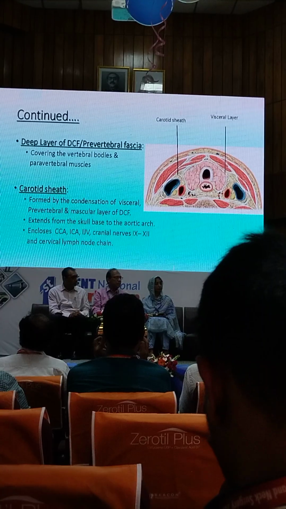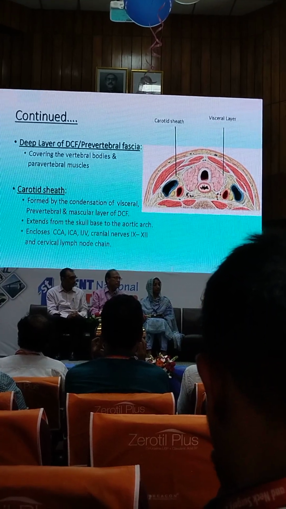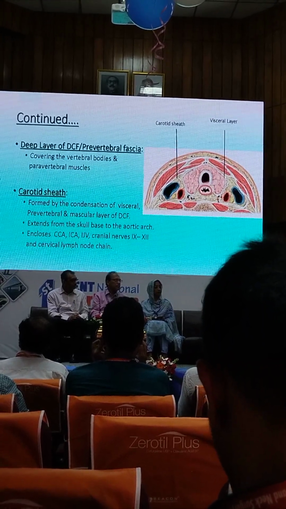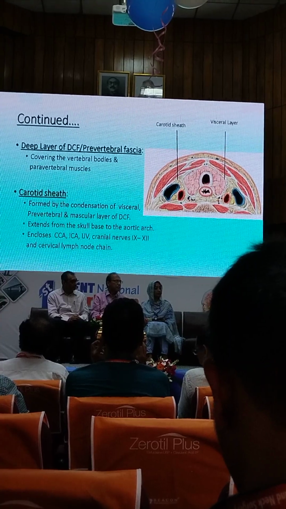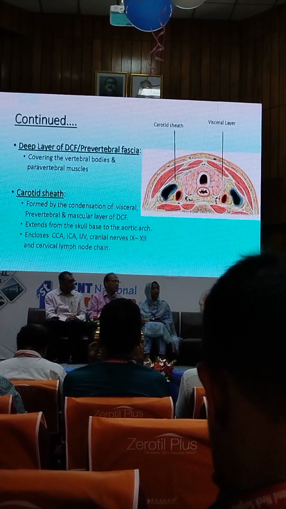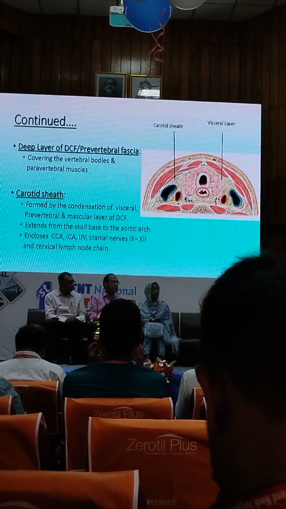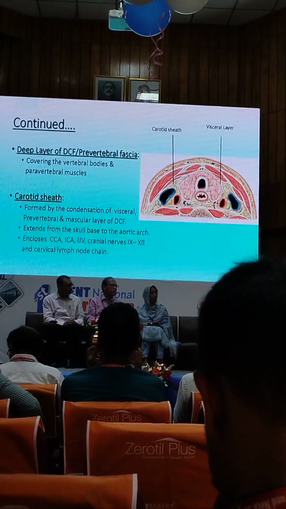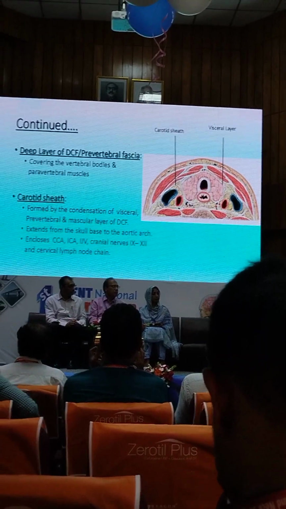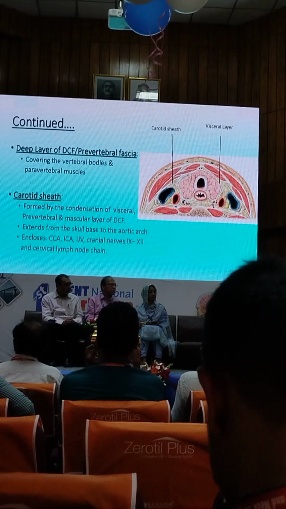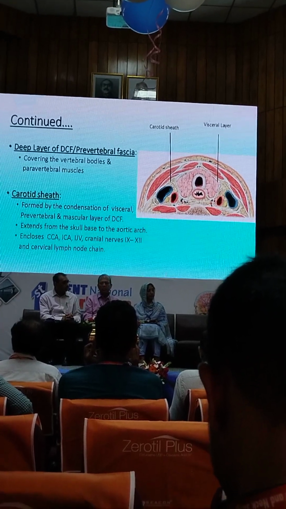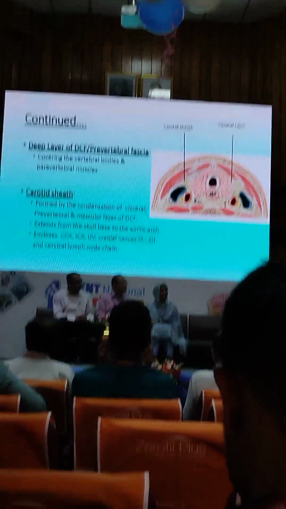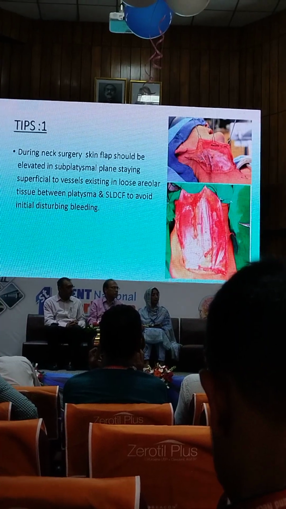The deep layer, the prevertebral fascia, covers the vertebral bodies and paravertebral muscles, and the carotid sheath encloses the common carotid artery, internal carotid artery, internal jugular vein, cranial nerves 9 to 12, and cervical lymph node chain.